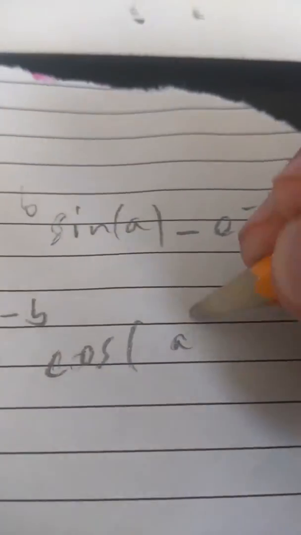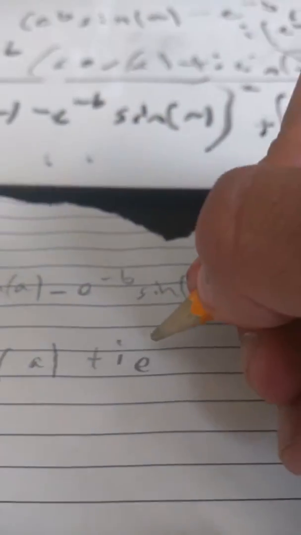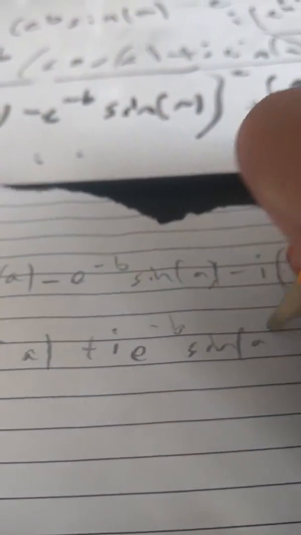Now all of this, we're going to multiply by, you can simplify this a little bit more, e to the negative b cosine a plus i sine a, e to the negative b cosine of a plus i e to the negative b sine of a.